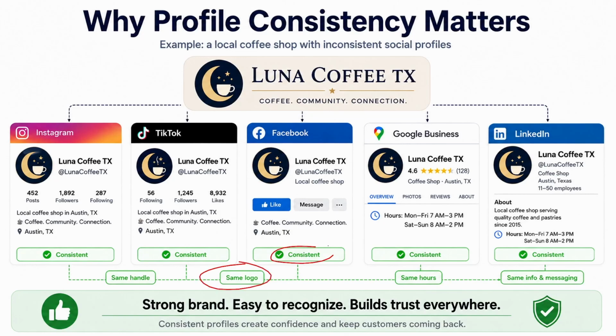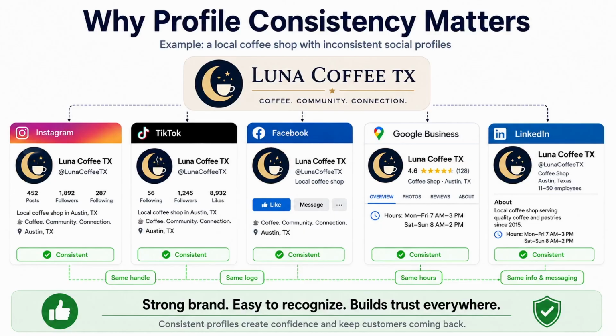We updated all our logos. This is all consistent. This is key. This is a strong brand, easy to recognize. This builds trust right away from the get-go. Simple to find, simple step, hugely important. A lot of brands, when I looked at stores, they don't do that, and I don't understand why, because it's so simple. So consistent profiles create confidence and keep customers coming back.